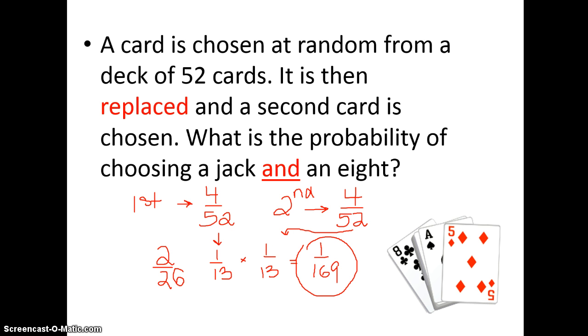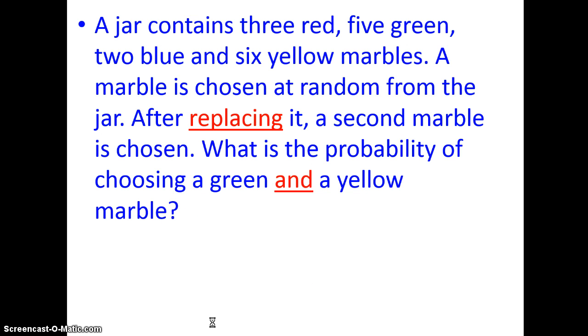All right. And this is going to pop up. All right, a jar contains 3 red, 5 green, 2 blue, and 6 yellow marbles. A marble is chosen at random from the jar. After replacing it, a second marble is chosen. What's the probability of choosing a red and a yellow? 2 separate pools, so we know we're going to multiply.